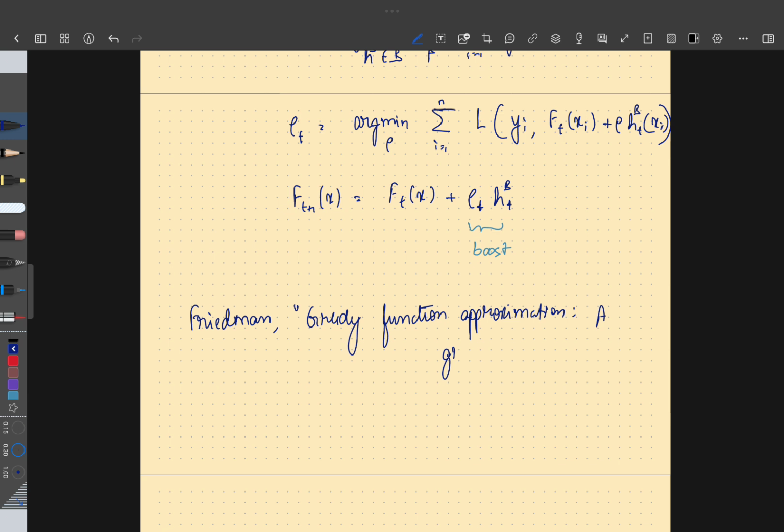I think this appeared sometime in 2001 or so. It was one of the early papers to generalize this idea of boosting, or at least interpret gradient boosting in this particular form.